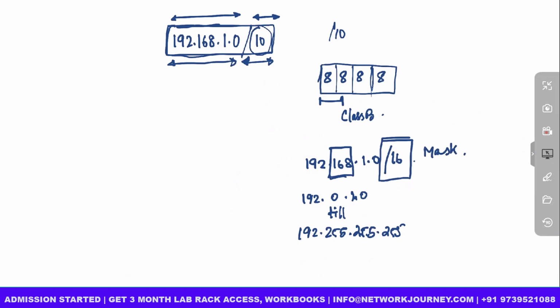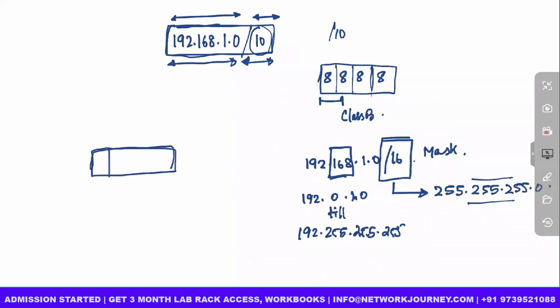We can also represent this in terms of IPv4 format itself. You might see that some people write it this way. Some people will start writing this. So once again, you see this concept to calculate the mask. Let's say you write them in 8 bits.